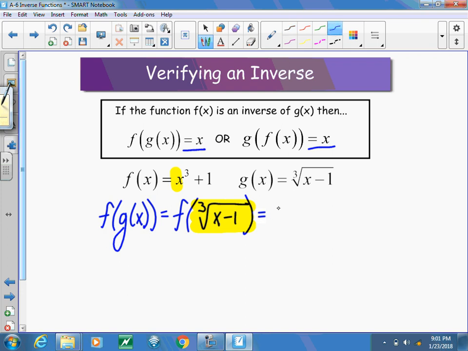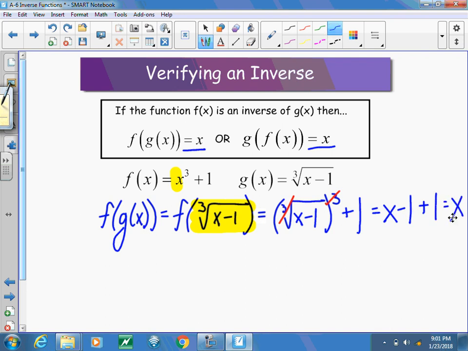So this is going to end up giving me the cubed root of x minus 1 to the third power plus 1. Well, a cubed root and a third power cancel each other out, leaving us with x minus 1 plus 1. Negative 1 plus 1 ends up giving us 0, so we end up with x. This right here is a verification that these two functions are absolutely inverses of each other.